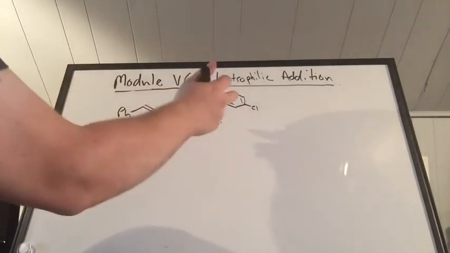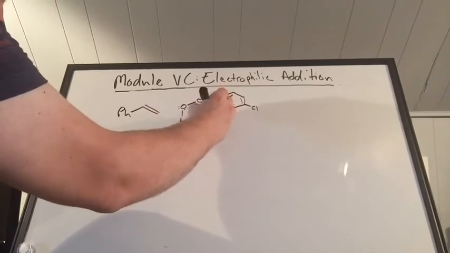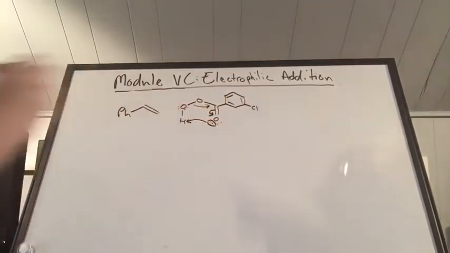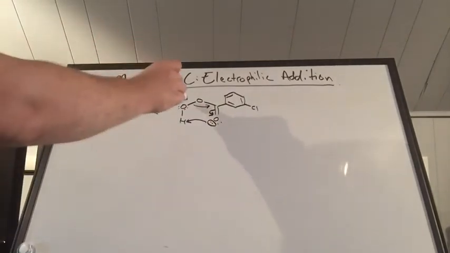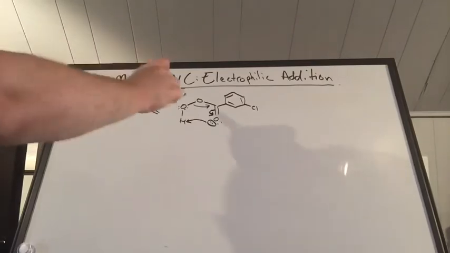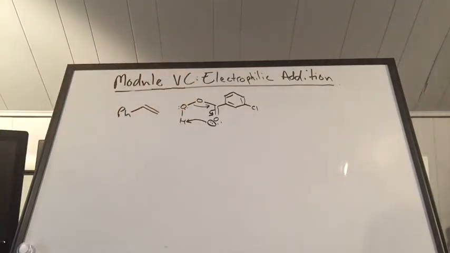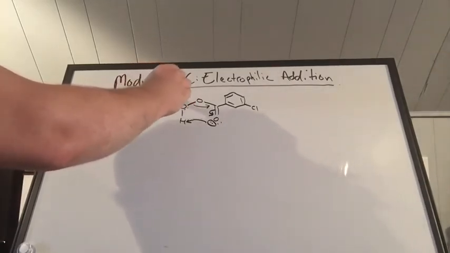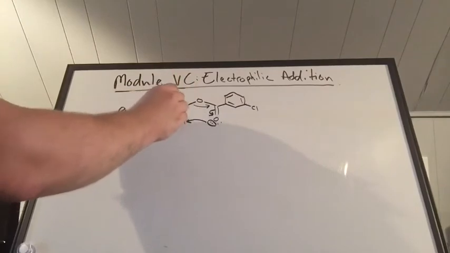And as a result, it's going to push these electrons around, and this is going to coordinate to this hydrogen. So if this becomes positive from removal of these electrons, something has to coordinate in the meantime.